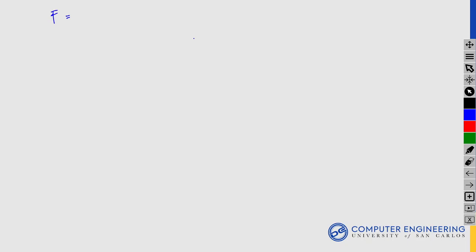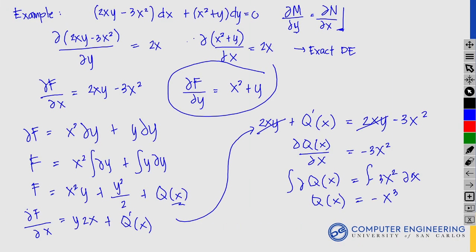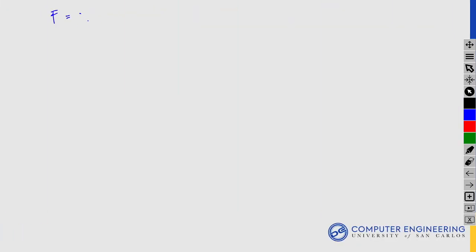is equal to x squared y plus y squared over 2 plus minus x cubed.